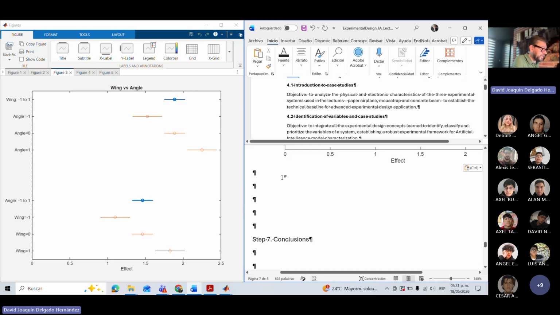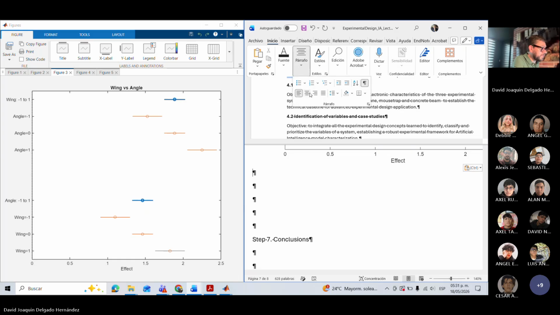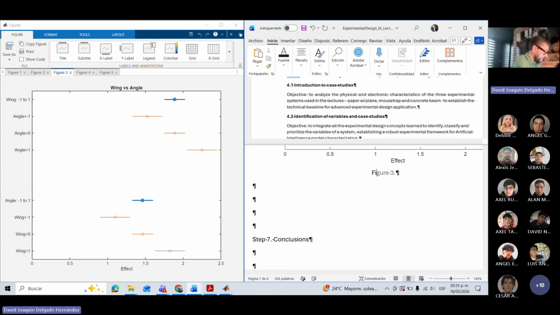So let me put the name of the figure, figure 3. So here we are, figure 3, which is the interaction between, in this case, wing versus angle. Okay, perfect.